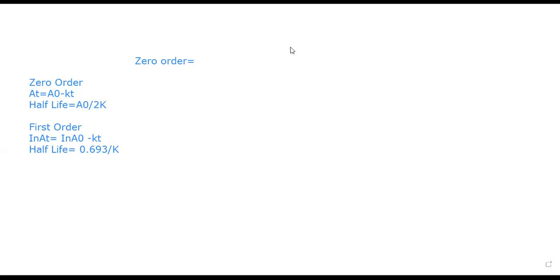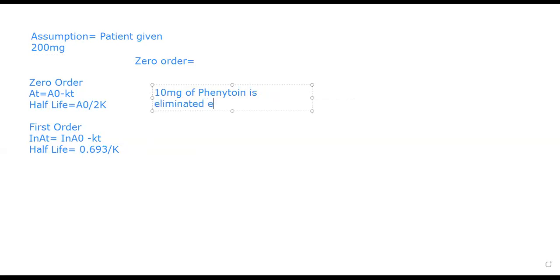When we're talking about zero order, assuming we've given the patient 200 mg of phenytoin, it will be such that 10 mg of phenytoin is eliminated every hour. This is still an example per unit time, so every hour.